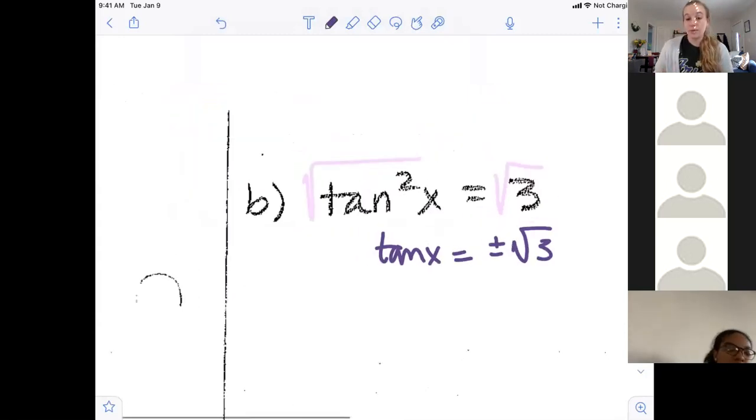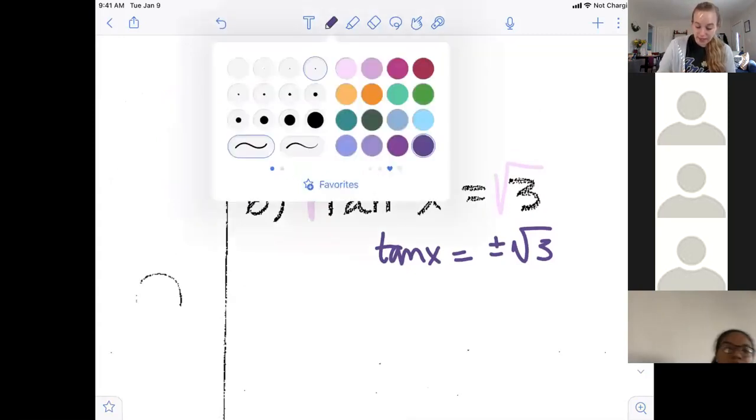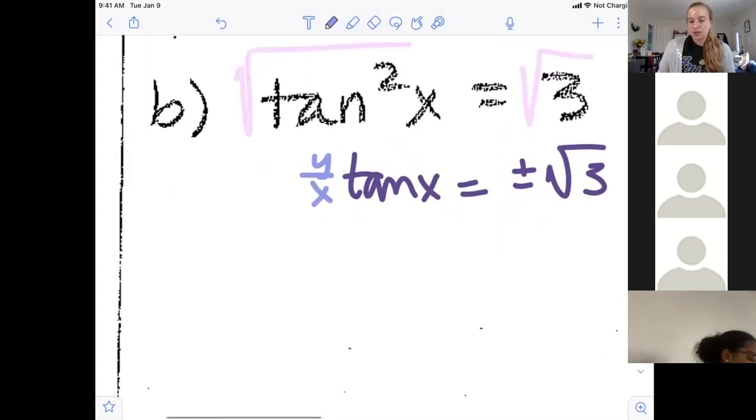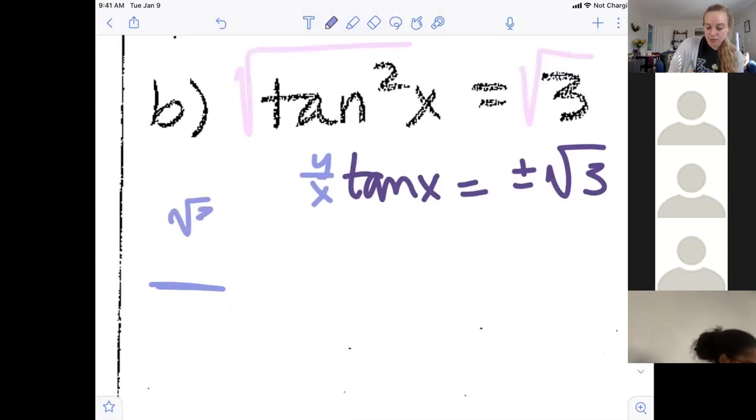Okay, so again, we did the square root, so we have to do plus or minus. Now my first thought is, I need my tangent, which is my y over x, to equal root 3. We've been doing this long enough, and we did a lot of those unit circle quizzes at the beginning of this chapter, that you should have an idea of how to get root 3 for my tangent. If I have a tangent of y over x, to get just root 3 by itself, I need the root 3 over 2 to be on top, which would make my 1/2 go on bottom.